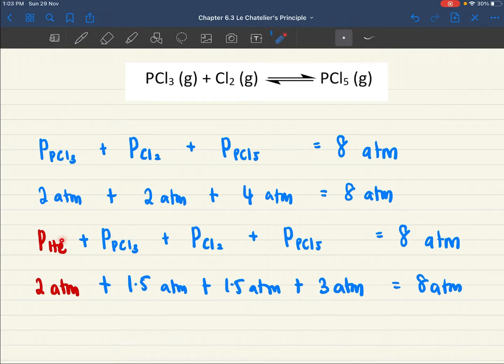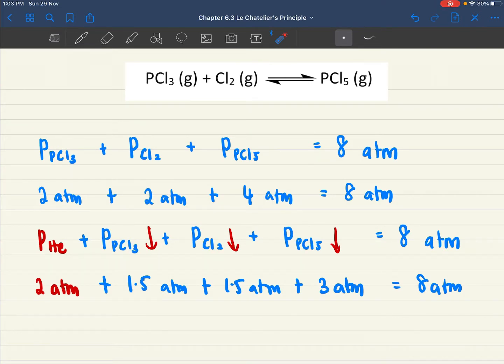So bila kita tambah inert gas, okay, so partial pressure setiap gas ni akan berkurang. Okay, so kenapa dia berkurang? So that dia punya total pressure dia still constant. Okay, so itulah yang berlaku apabila kita tambah inert gas lah. So conclusionnya, when we add inert gas at constant pressure, dia punya partial pressure of each gas akan berkurang.